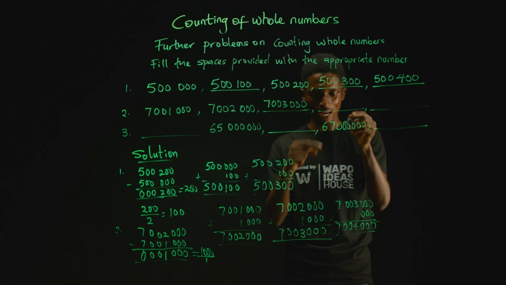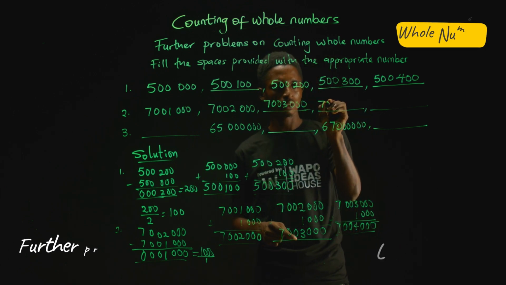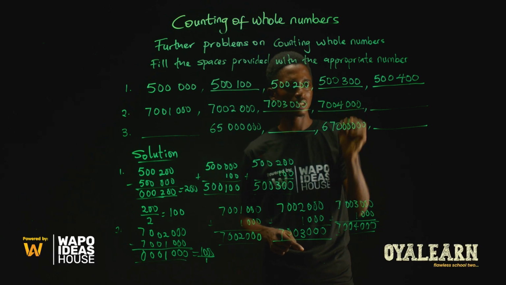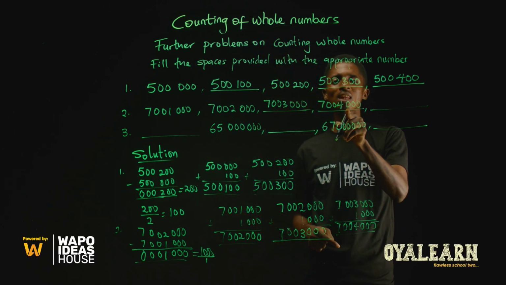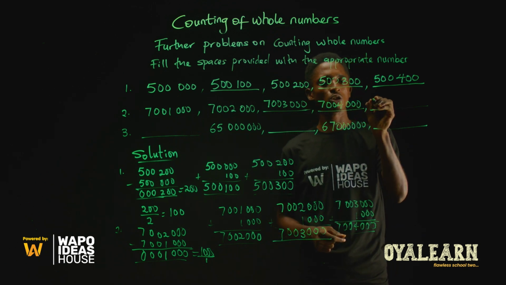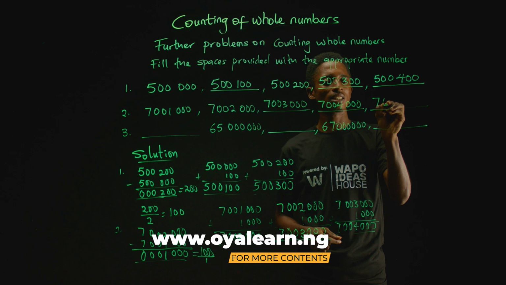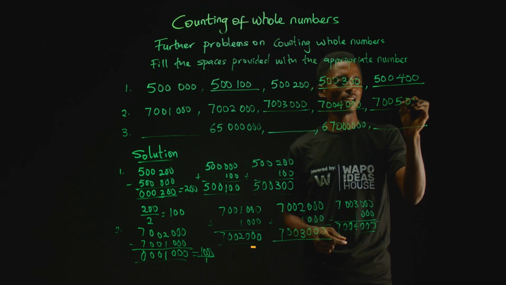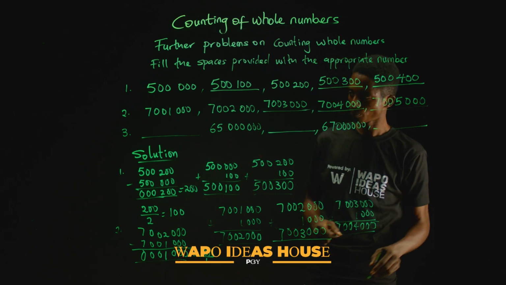And when we put that here, what we get is 7,004,000. Now add 1,000 to this, and you will find that the next space is to be filled with 7,005,000.